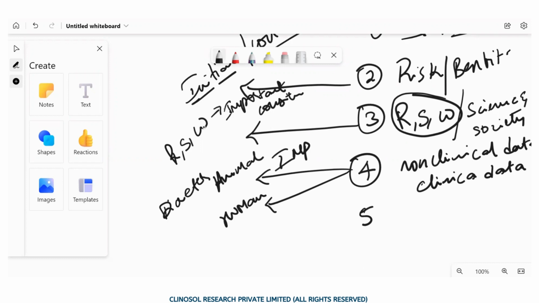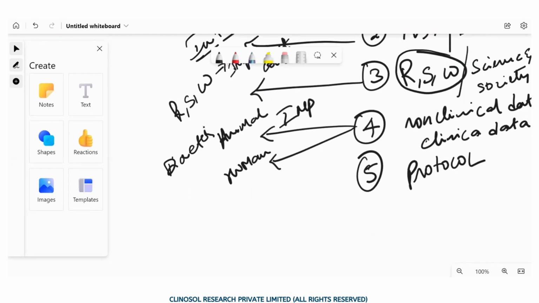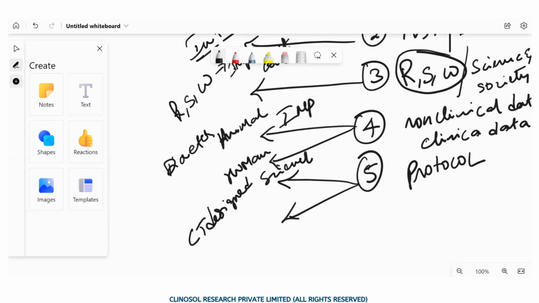Coming back to the 5th principle, the most important principle, the word called protocol. So now you need to understand the 5th principle speaks about protocol. The clinical trial should be designed in such a way that it is scientifically sound. So you need to have science in it.